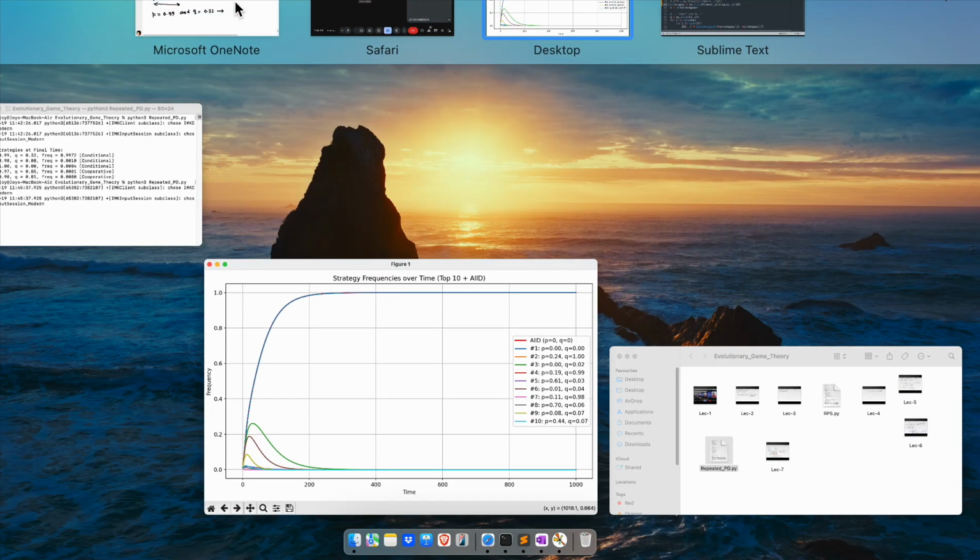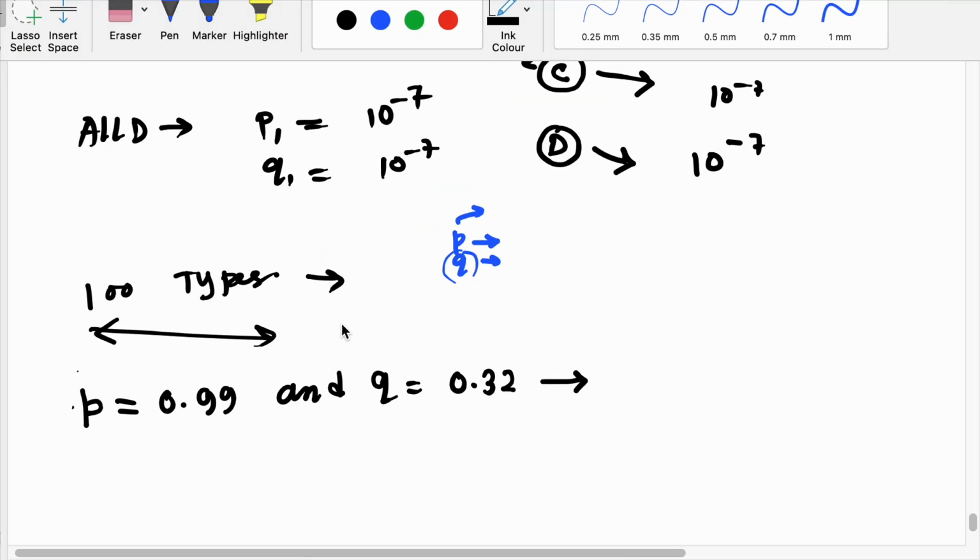So in the presence of all D, in the long run all the other types will go extinct, only all D will remain, and all D will be the fate of the population.